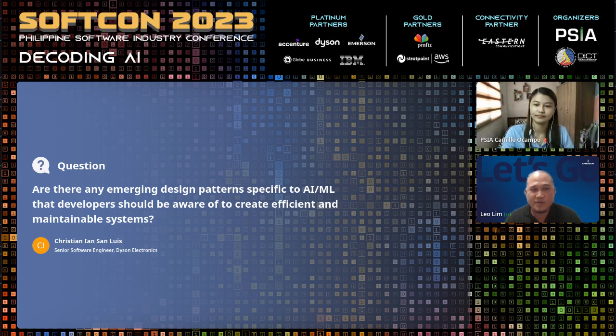I'm sure there are, because I can create my own patterns if I wanted to, right? But I think it would be a good place to start looking at some of the already documented ones. Again, the book on machine learning design patterns is a good place to start.